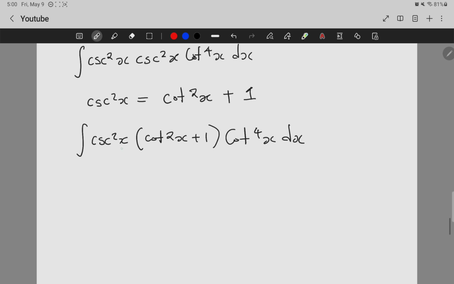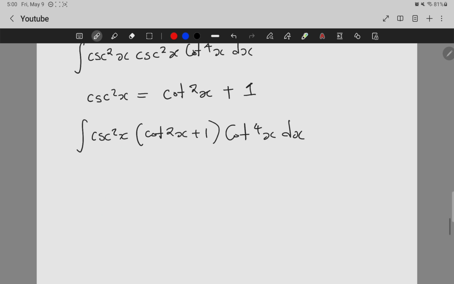Here we can proceed by letting u be equal to cot x. When we differentiate u with respect to x, we get negative cosec squared x.